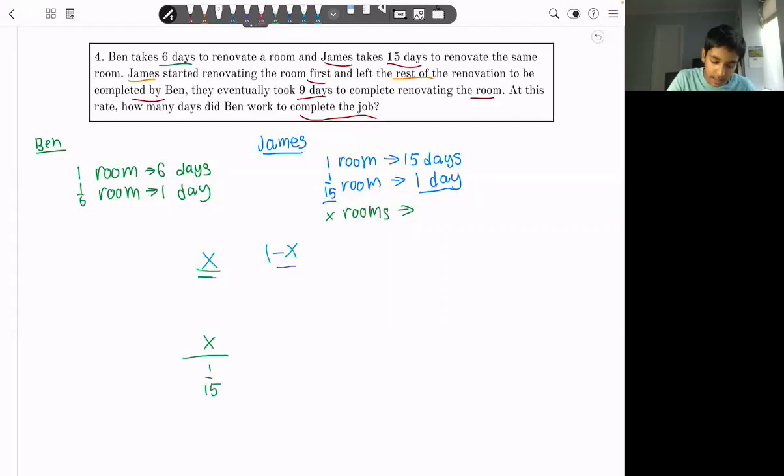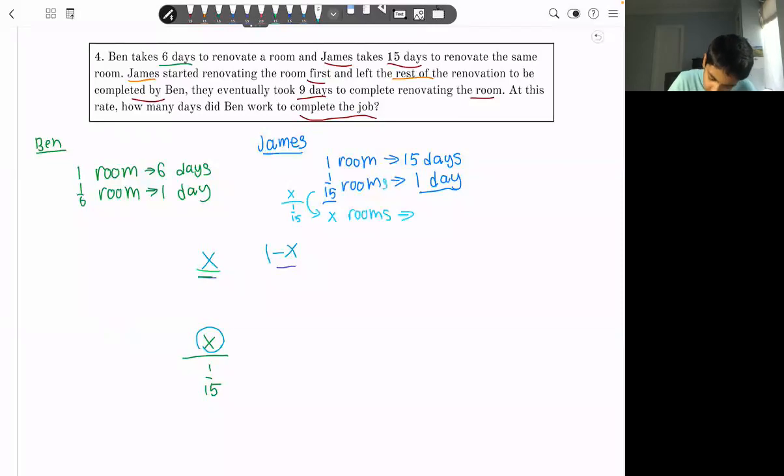And the reason for this is that he needs to do a fraction X of the room, and each day he can do 1/15 of a room. So overall, in order to do fraction X of the room, we multiply by X over 1/15.